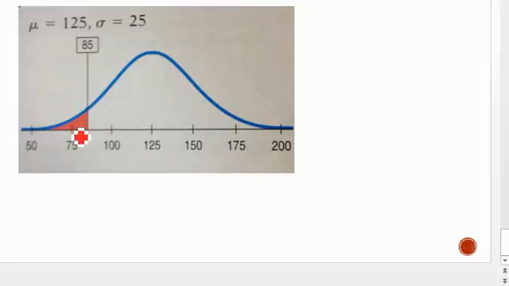You need to find the difference between 75 and 85, which is 15, and divide that by your standard deviation, which is 25. You would get 0.6. This means you're 1.6 away from your mean.